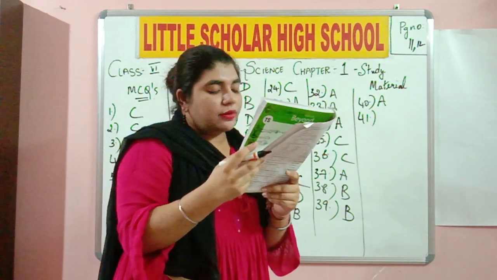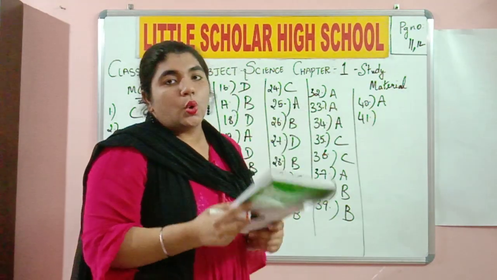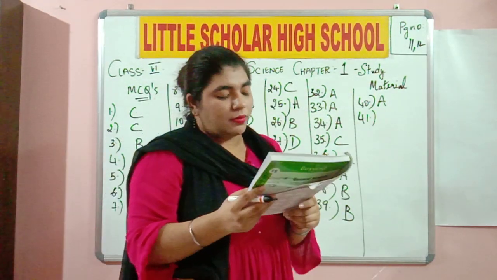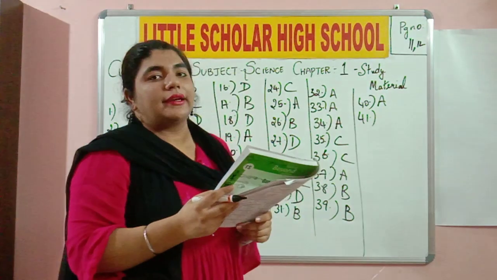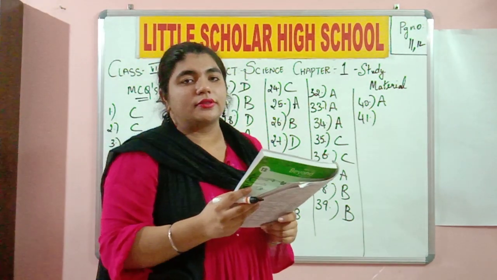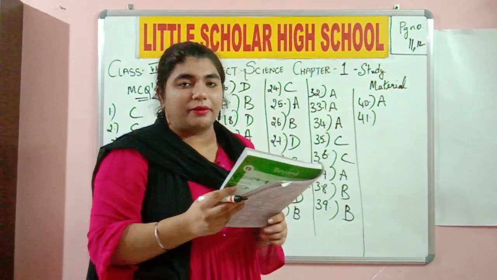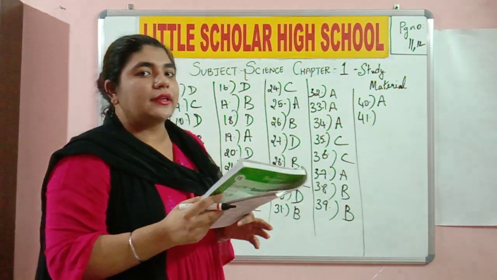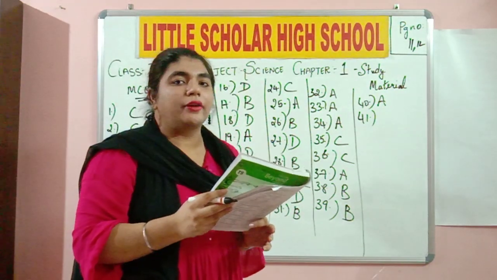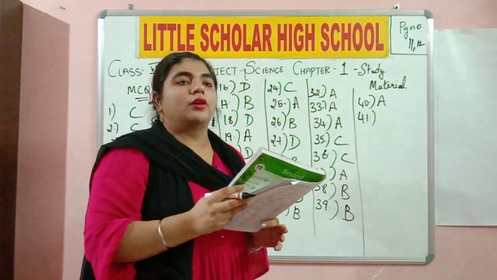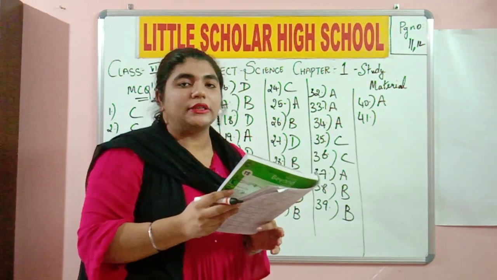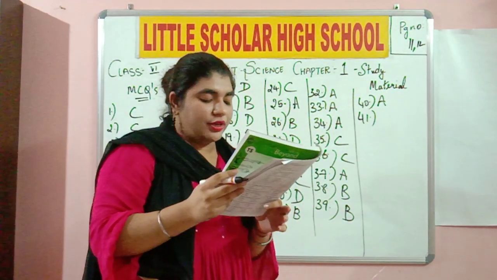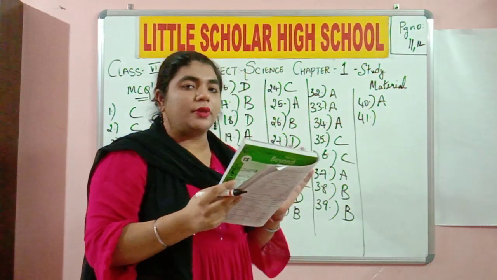41. This animal is not used as meat. Goat is used as meat, of course, mutton. Dog, in some areas in China and Japan, they still use dog as meat, but it has been banned. Once the corona pandemic started, they banned the manufacturing of dog meat in their country, but it was being used.